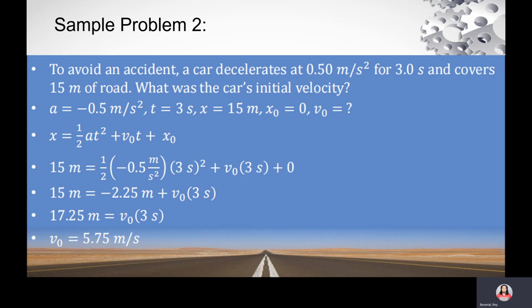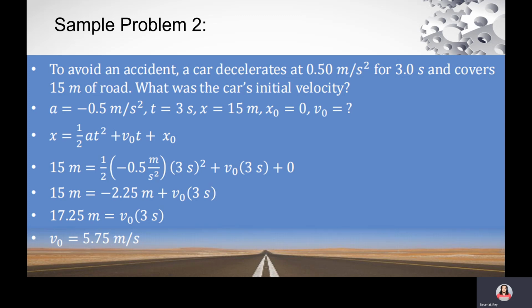So, meron tayong final position na 15 meters is equals to 1/2 yung ating acceleration, negative 0.5, ang ating time na 3 seconds, tapos squared, plus yung VO, di ba ang hinahanap? So, variable siya. So, V sub O times 3 seconds, plus yung initial position na 0.